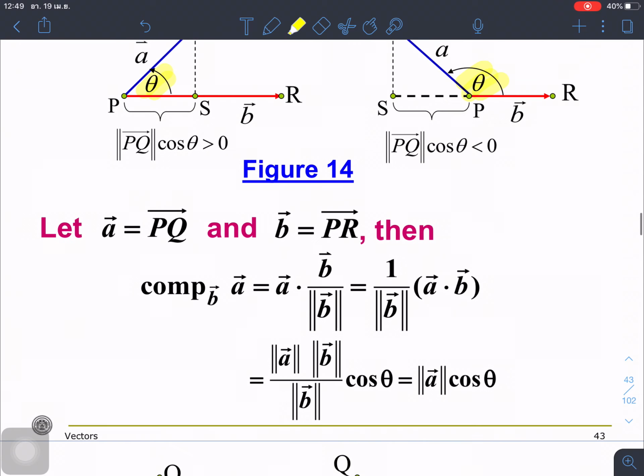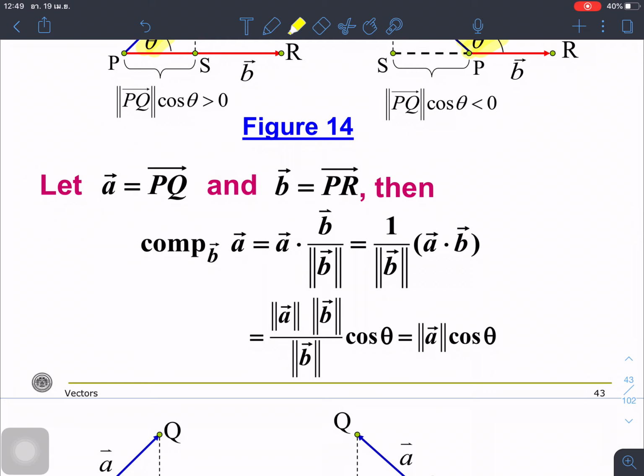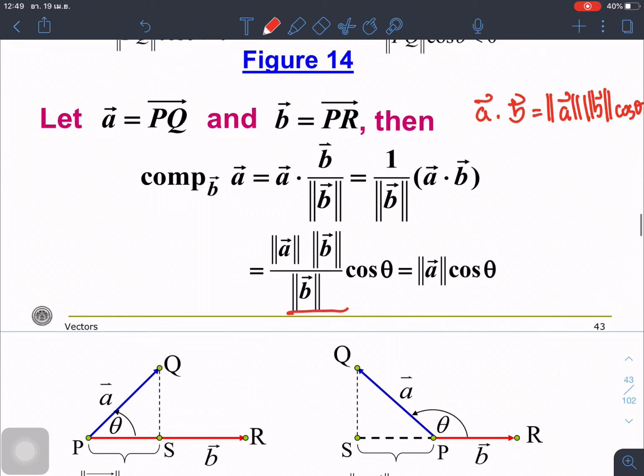The reason why is here: you want to find PQ dot PR divided by the modulus of PR. But from the formula, remember, A dot B is the modulus of A times the modulus of B times cosine theta, and theta is the angle between vector A and vector B. So you get this here.